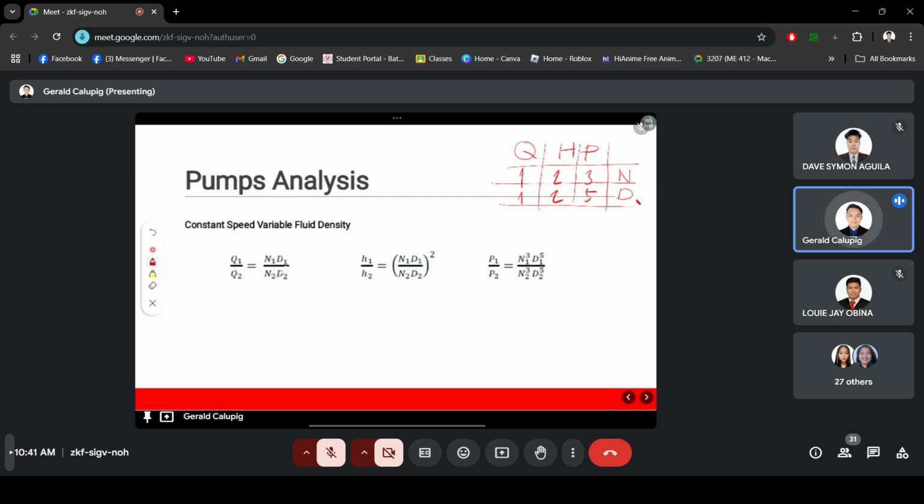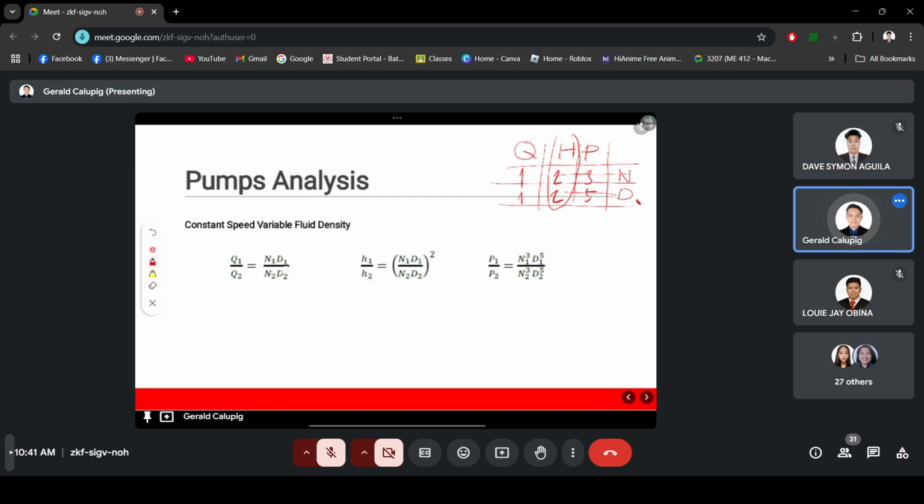When H is what we are looking for, head H1 over H2 is equal to N1 times D1 over N2 D2 raised to the power of 2, or squared.